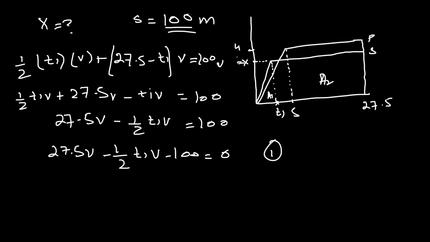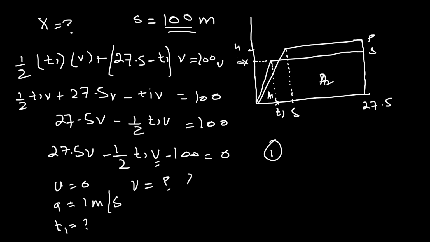We need another equation. Okay, so Sam starts from rest, so his initial velocity u is equal to 0. His acceleration, as given in the problem, is 1 meter per second squared. And the time he took to reach this velocity V is t1, which is unknown, and V is also unknown.